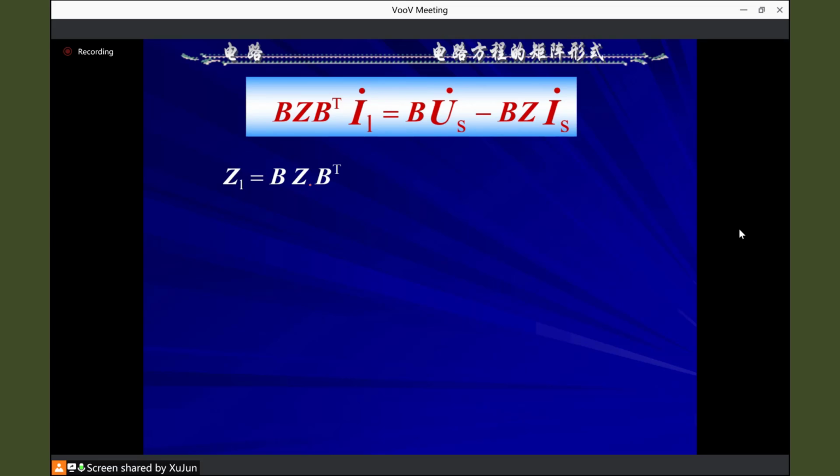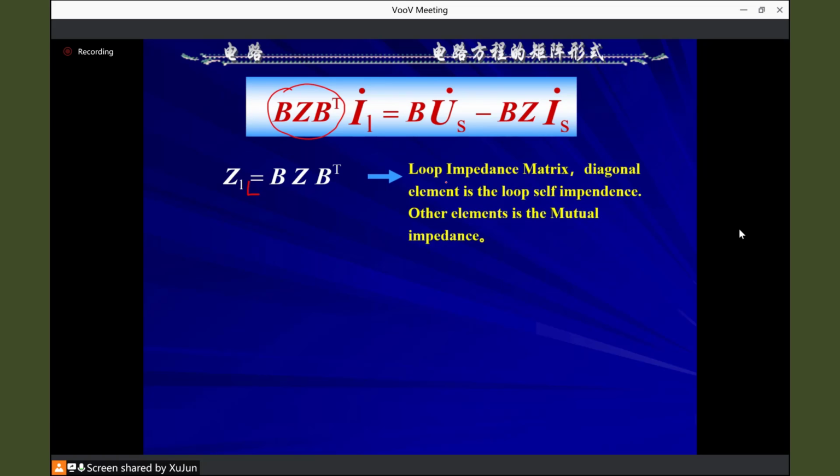This is matrix form. We define ZL equal to B Z B transpose. This is ZL, the loop impedance matrix. Its diagonal element is the loop self-impedance. Other elements are the mutual impedance between two loops.